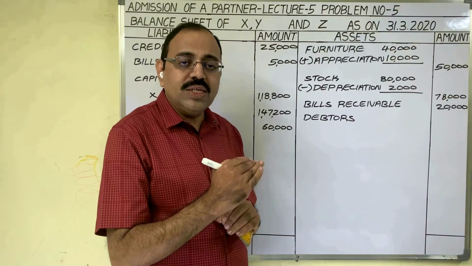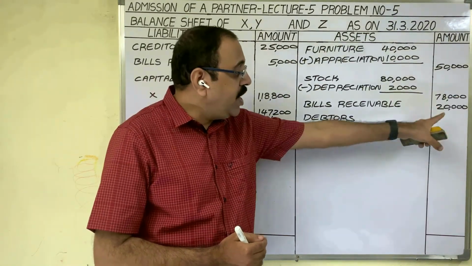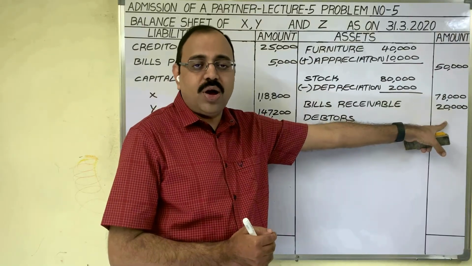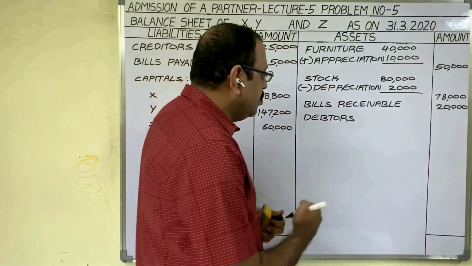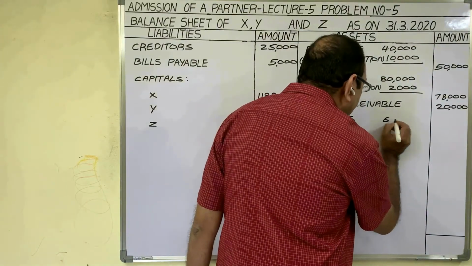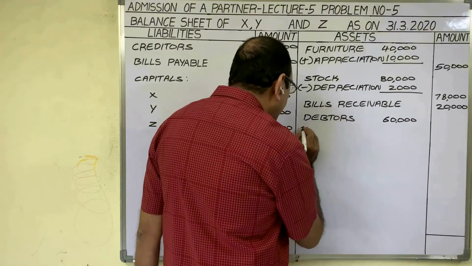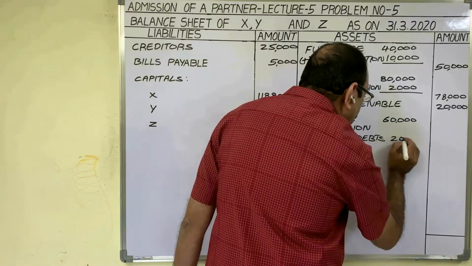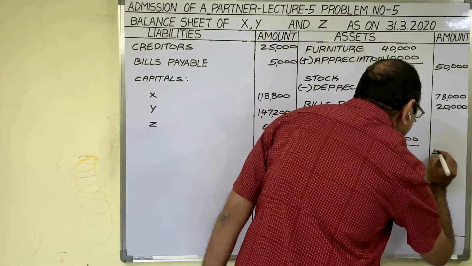This 2,000 is considered as provision for bad debts. So we should write 58,000 rupees in outer column. But don't directly write down that. In inner column, show the old balance sheet value 60,000 rupees minus provision for bad debt 2,000 rupees. In outer column, 58,000 rupees.